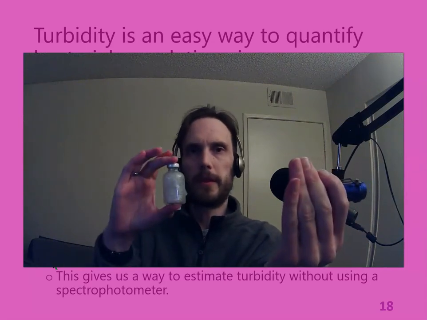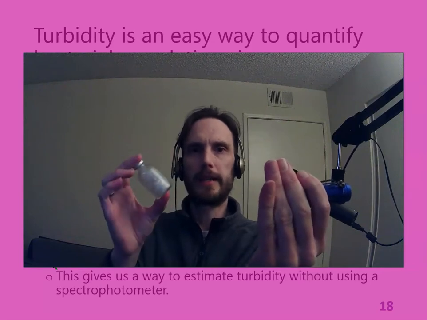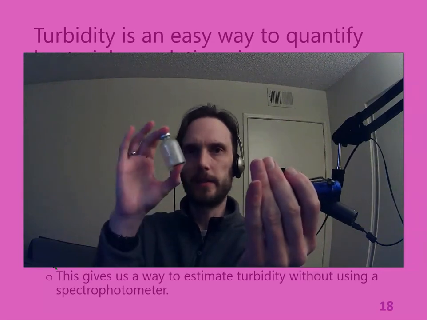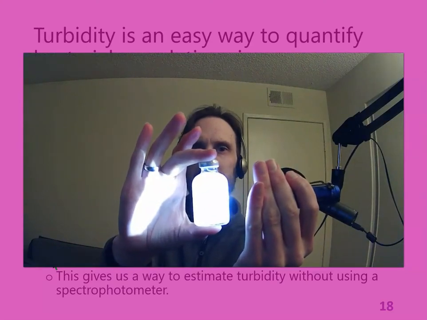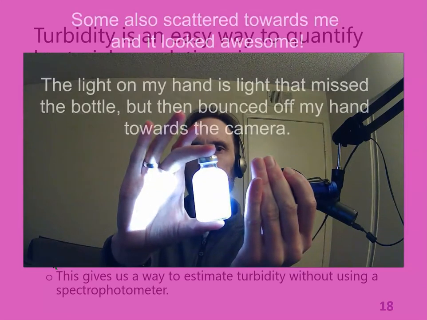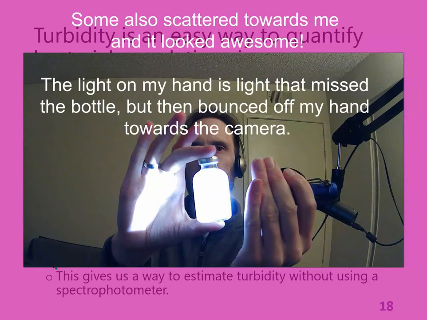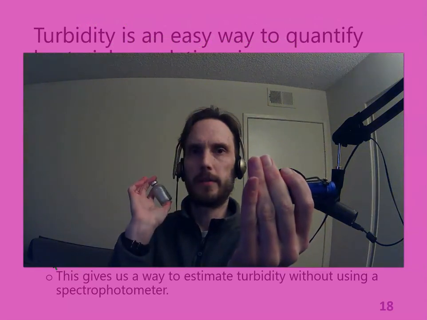But if I put something in front of it that scatters light, some of that light is going to get scattered at you. So this is going to light up, like so. And that's all light that's being scattered randomly towards you. That's what you're seeing. If I take that away, the light disappears.